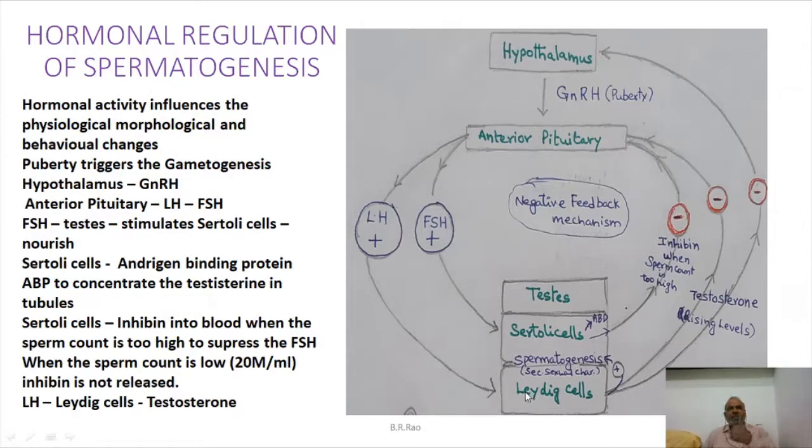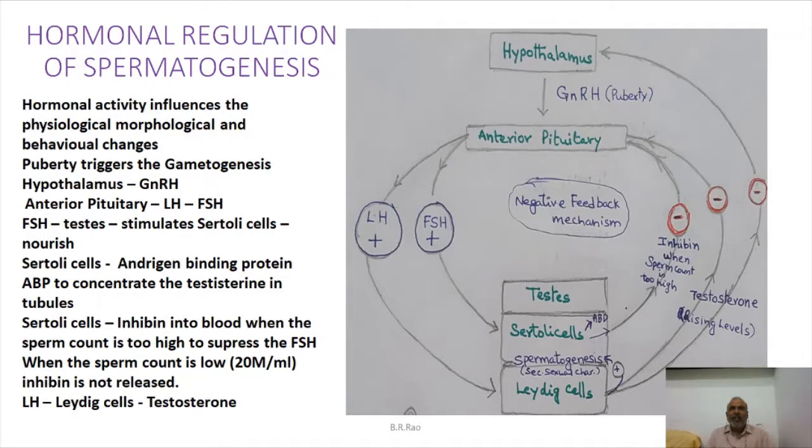When testosterone is secreted, the boy develops secondary sexual characters: facial hair, axillary hair, pubic hair, and lowering of the voice, a decrease in the pitch of voice. All these male secondary sexual characters are developed by the influence of testosterone.